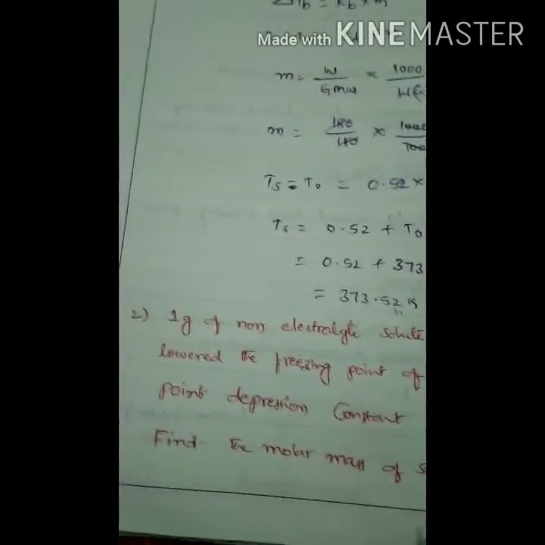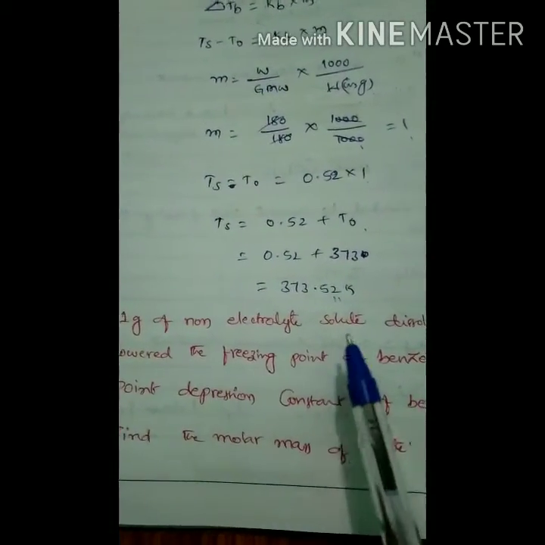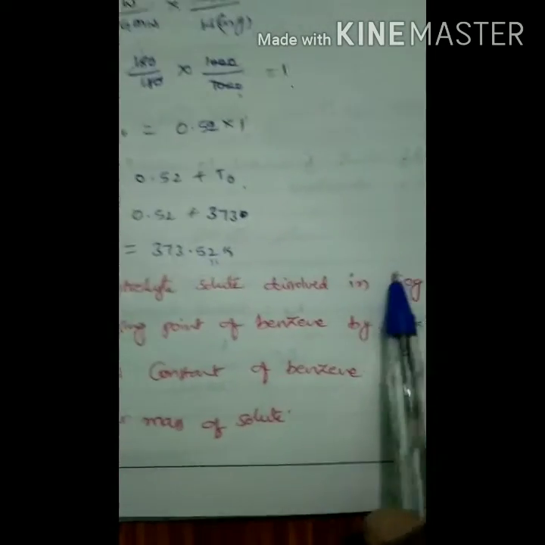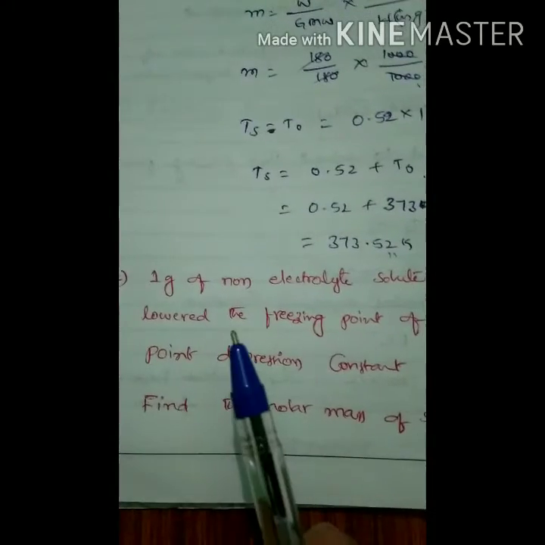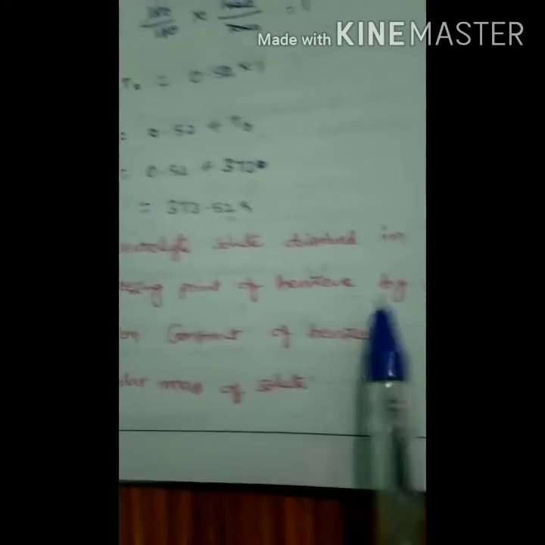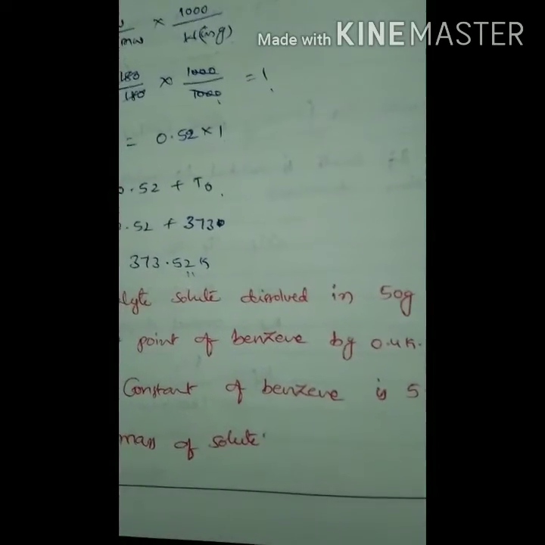Next, one more problem is given. 1 gram of non-electrolyte solute dissolved in 50 grams of benzene lowered the freezing point of benzene by 0.4 K. That means this question is based on freezing point.